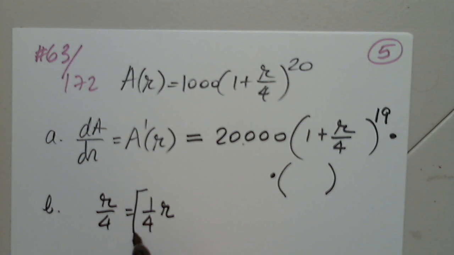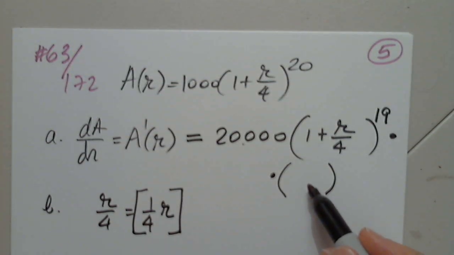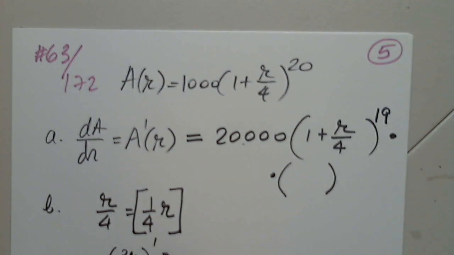Can anyone differentiate this for us? If I have 3r, what is 3r prime?